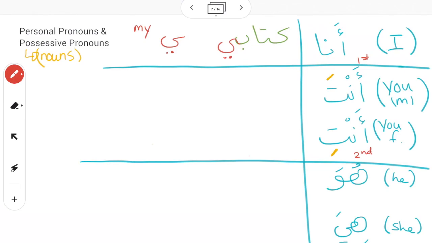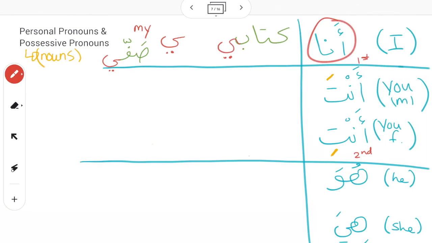So when you add that ya to the end, it makes it my. Kitabi. So if we did the same thing, what if we take the word saf and I want to make it my class? Remember, saf has a shadda on it. My class. What we do is we take the word saf and we attach a ya to the end. And now it's my class. Safi.